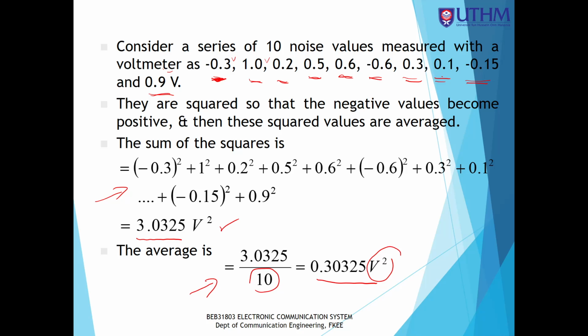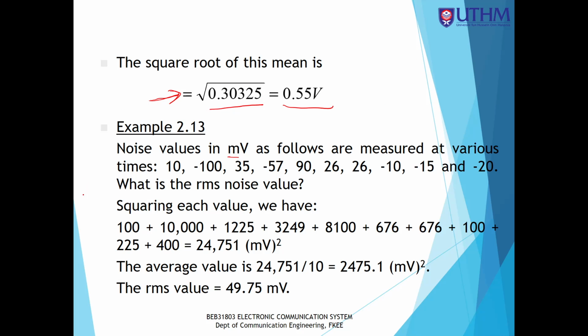Okay, based on the value that you retrieve from the voltmeter. Okay, so kita pergi kepada example yang ini. Example ni sama macam tadi juga. Ada 10 bacaan noise voltage menggunakan voltmeter. So you want to find how much is the RMS noise voltage of all of these measured noise voltages.